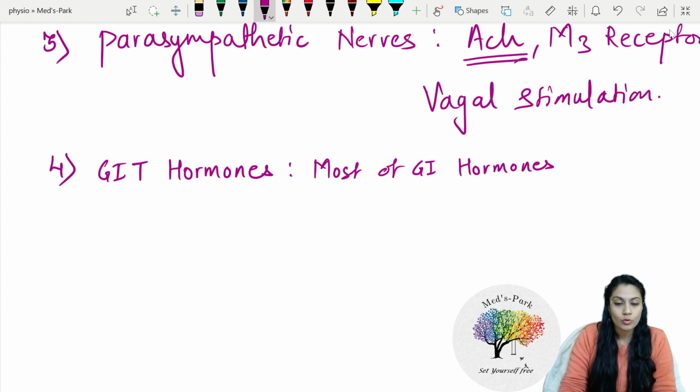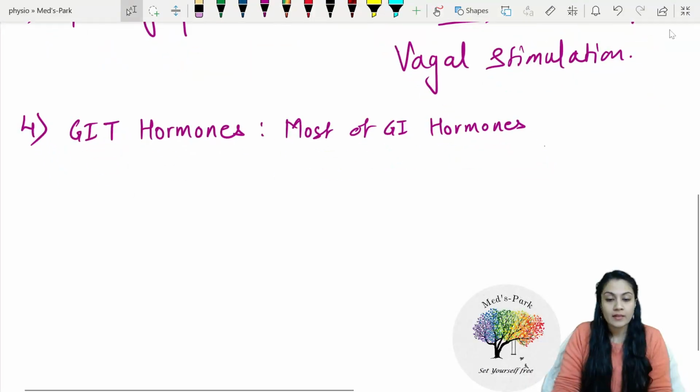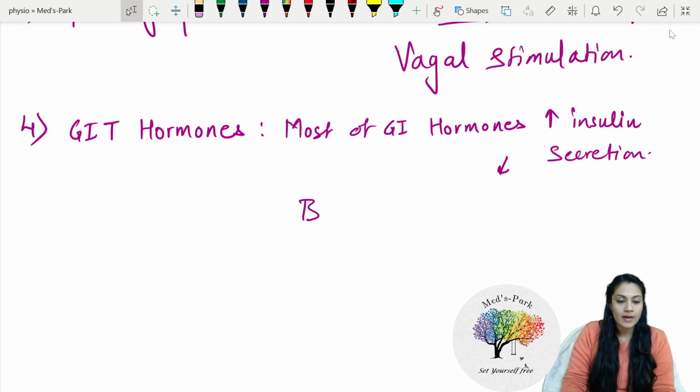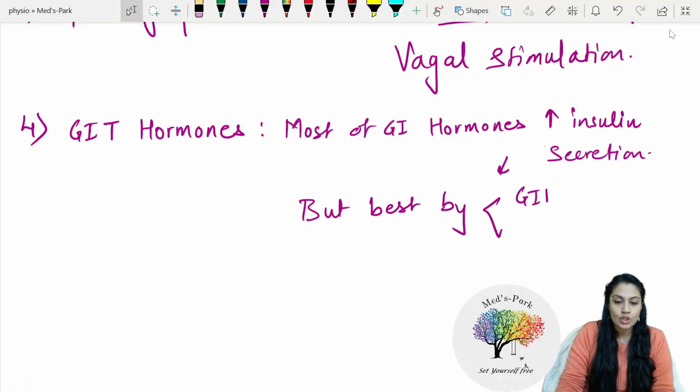Most of the GI hormones increase the insulin release or insulin secretion. But remember, it is done best by two hormones. What are those two hormones? GIP and GLP, GIP and GLP.